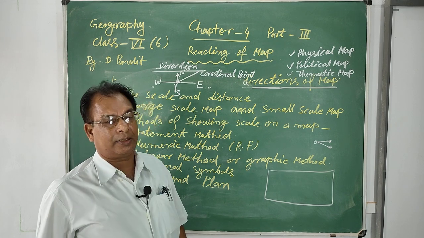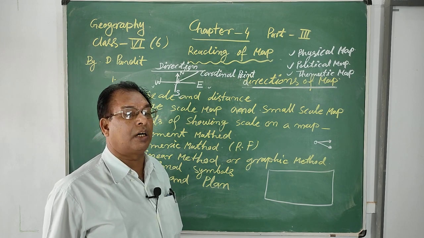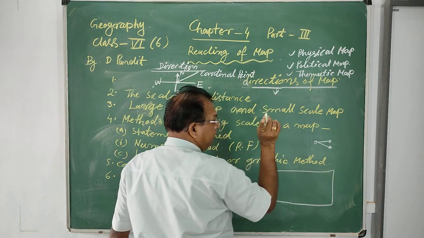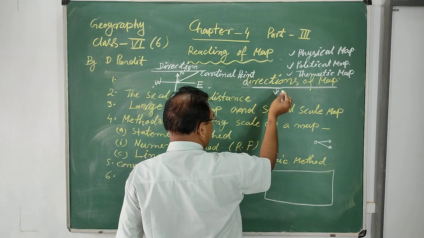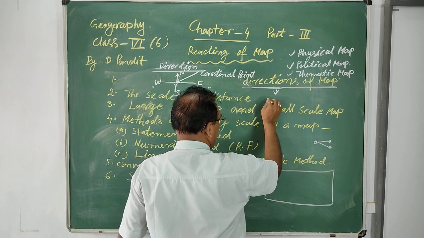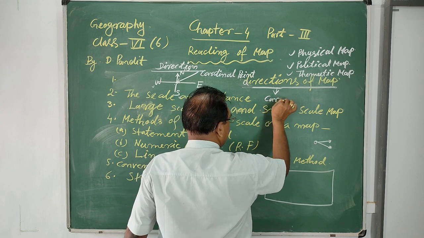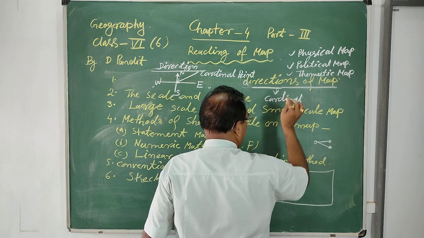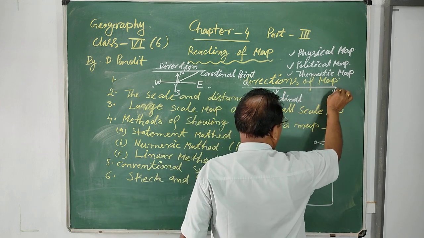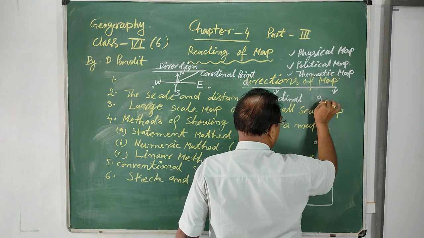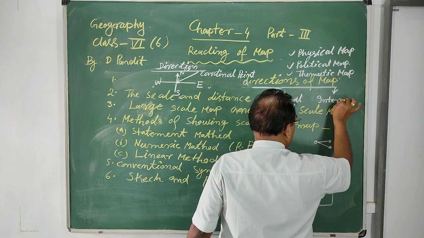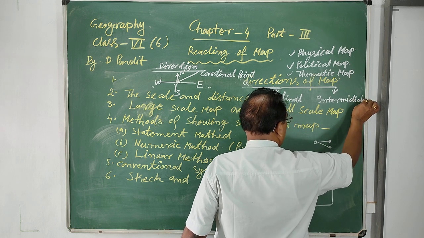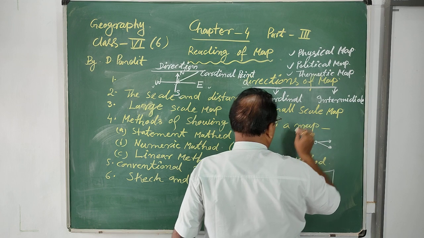So those directions are known as the intermediate directions. All directions are divided into 2 parts: one is the cardinal direction and another is the intermediate direction.